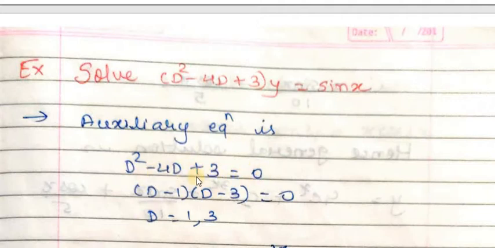Now you have to factorize this quadratic equation by splitting the middle term, that is 4D. You have to find out two numbers such that their product is 3 and their addition is 4, that is 3 and 1. So you have to write down the first term D square and the last term plus 3 as it is, and you have to split minus 4D into minus 1D and minus 3D, and then take common between two terms, and after simplification you will get two factors, that is D minus 1 and D minus 3, and we have to equate these factors to 0.